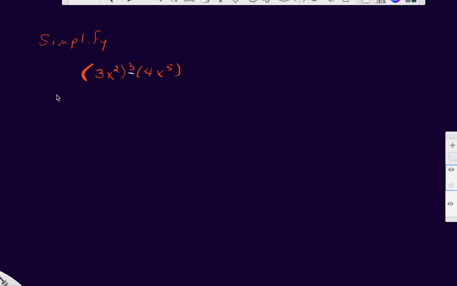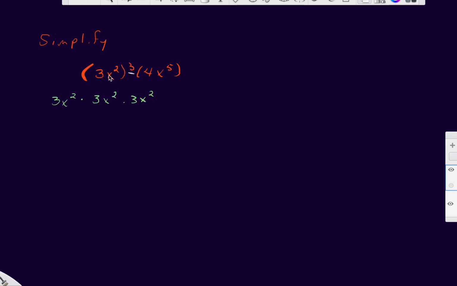All that means really is 3x squared times 3x squared times 3x squared.